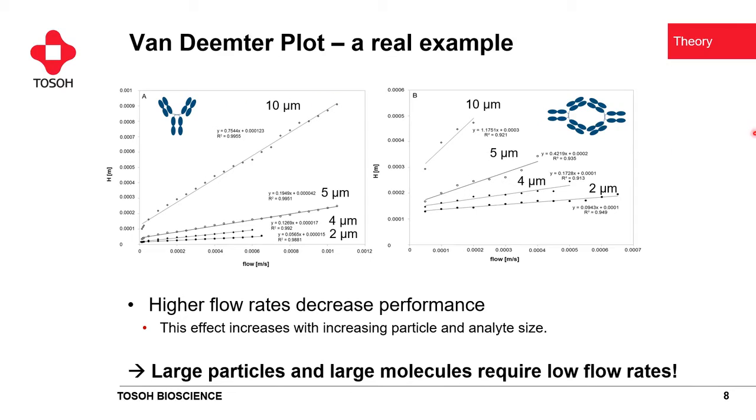This means larger particles diffuse more slowly. And one impact that it has is that the influence of the flow rate is even worse with larger molecules as compared to smaller molecules.